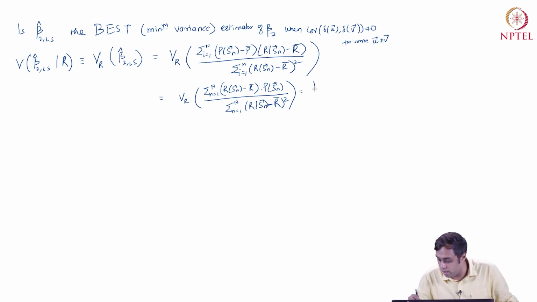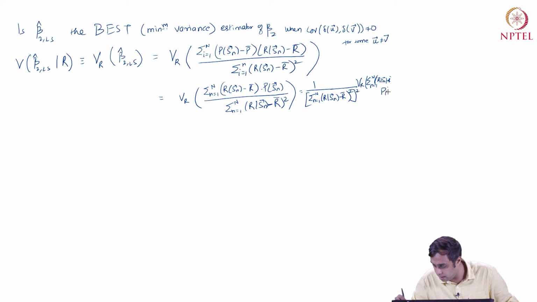So it's going to come out as 1 over summation n equals 1 to n R Sn minus R bar whole thing squared, times the variance of summation n equals 1 to capital N, R Sn minus R bar whole thing times P Sn. Okay, so it's all in the denominator.